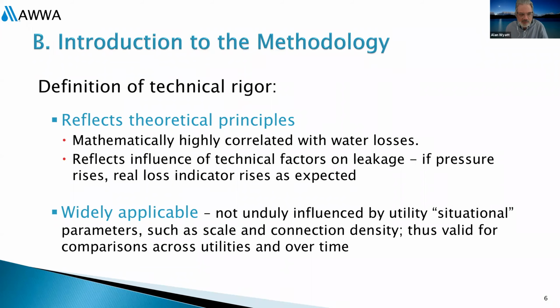The second major point is that it's widely applicable. In other words, you don't need other indicators to go with it, nor do you have to worry about scale or density, or not overly so, so as to facilitate comparisons.